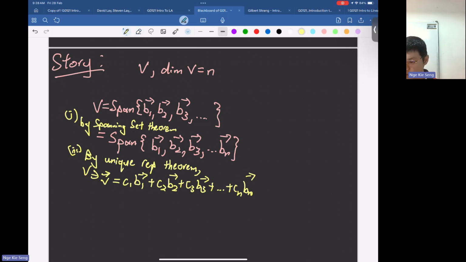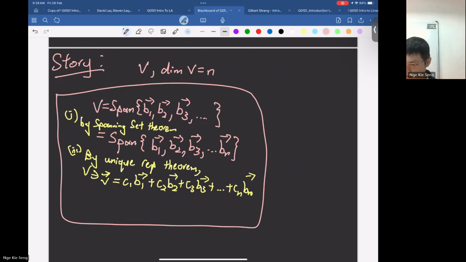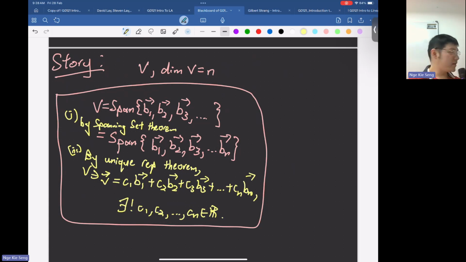Do you remember? The unique part is the uniqueness of all the scalars. Meaning for one element in your vector space, there's only one set of scalars that fits this linear combination.